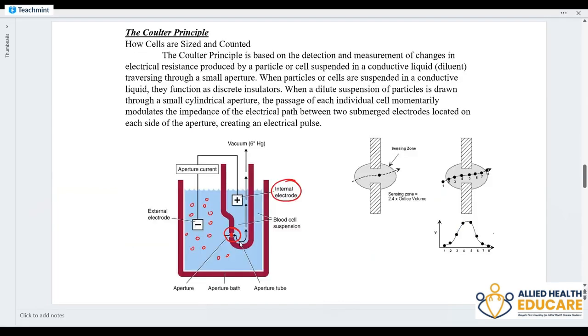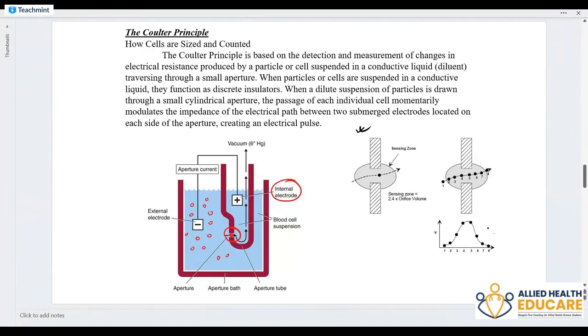What I have said is written here. What is the Coulter principle? The Coulter principle and impedance method are the same. Beckman Coulter introduced the Coulter principle, also called the impedance method. Look at this picture: the cell is passing through the aperture, and at that time a pulse is being generated.